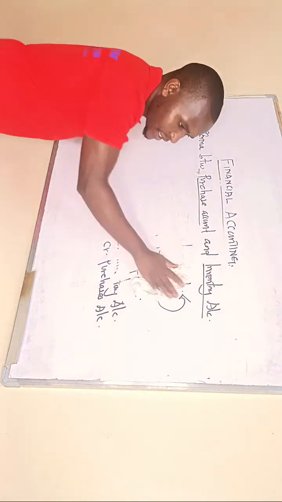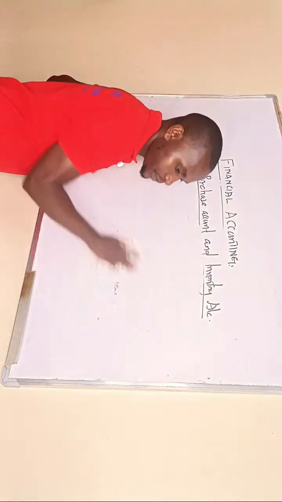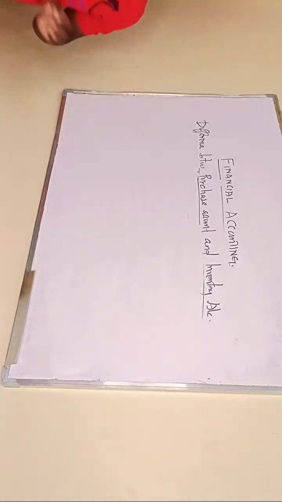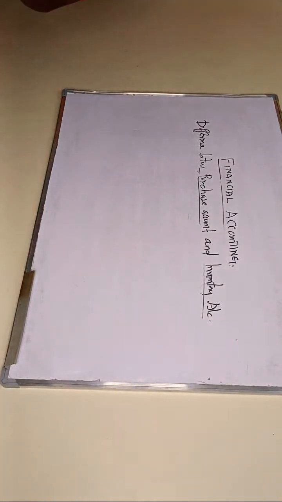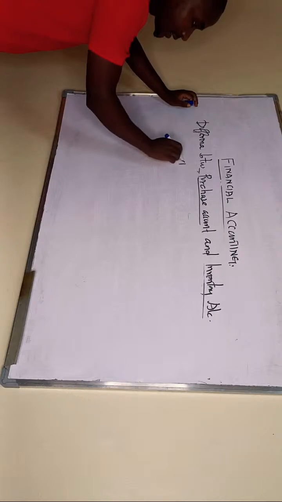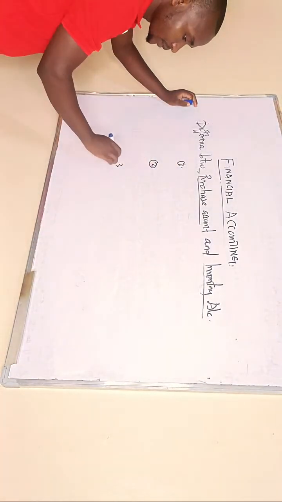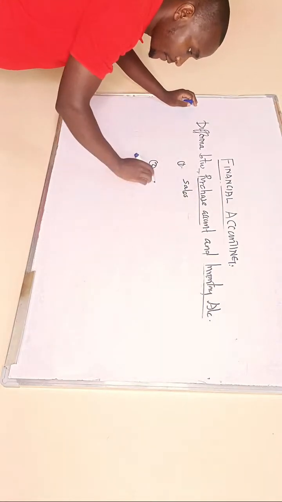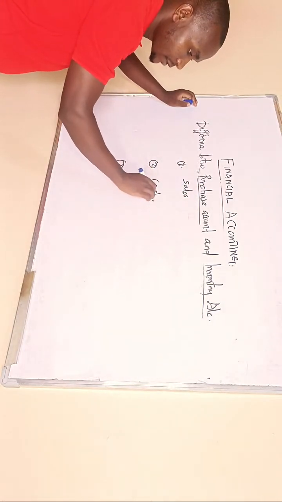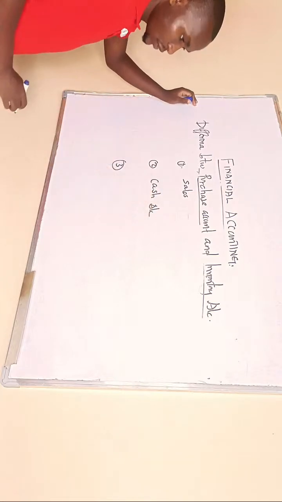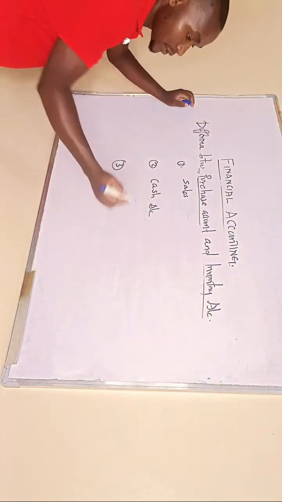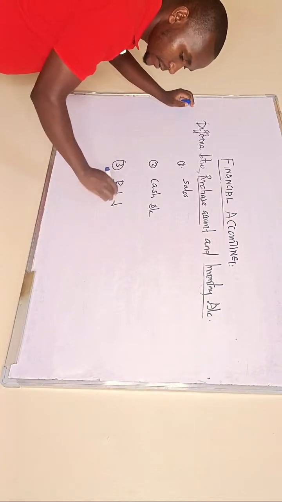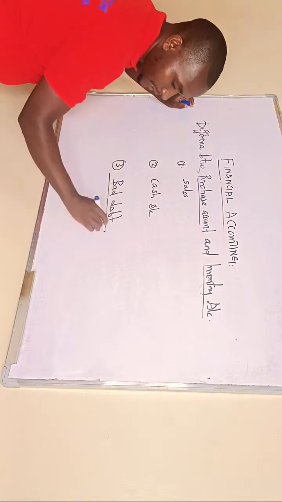It is just the closing figures. It is just the closing figures. So assuming that you have 3 accounts here: you have the sales account, you have the cash account, and also an expense account. Maybe this expense account is the bad debt account.